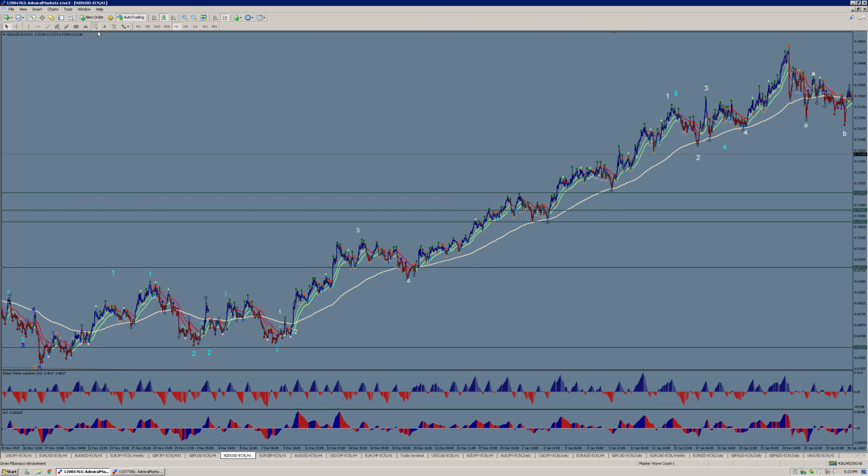So I will go into this later on in more detail, but just here, for example, there was a swing here, retraced to the 38.2 Fibonacci and continued up, and so on. If we go to the next swing here.